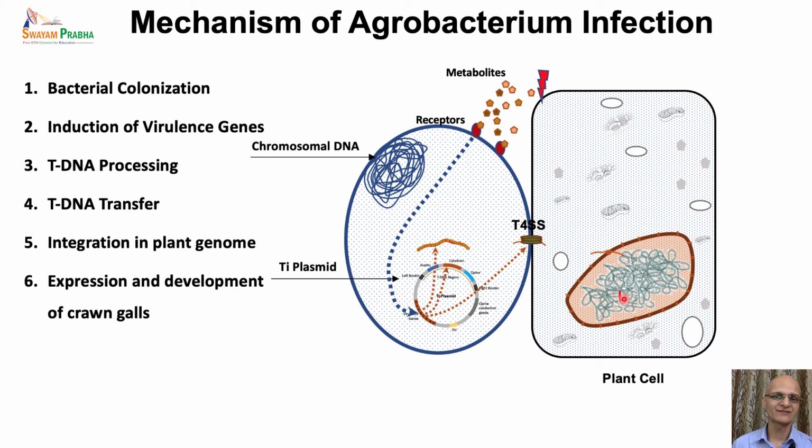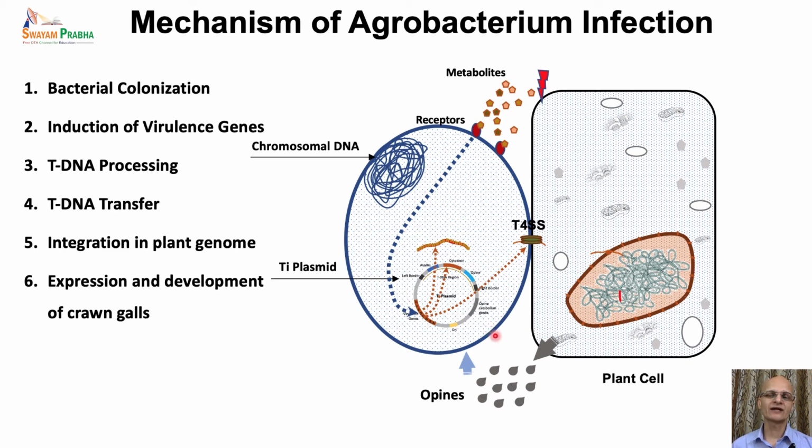Now, if you remember the constituents of the tDNA, it had two regions we discussed in the earlier slides. One, it carries the genes for the opine synthesis. So when the genes for the opine synthesis are expressed, these result in the synthesis of the opines, which are later used as a carbon or nitrogen source by the agrobacterium.